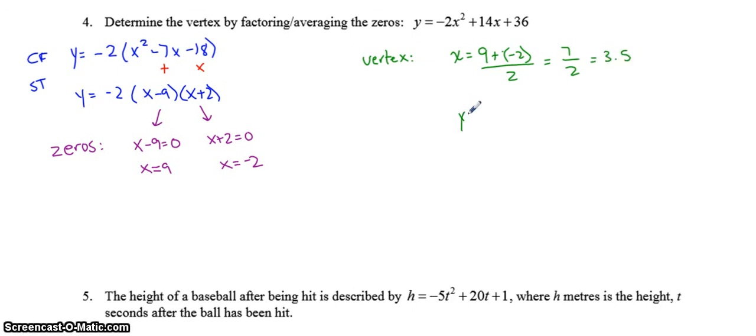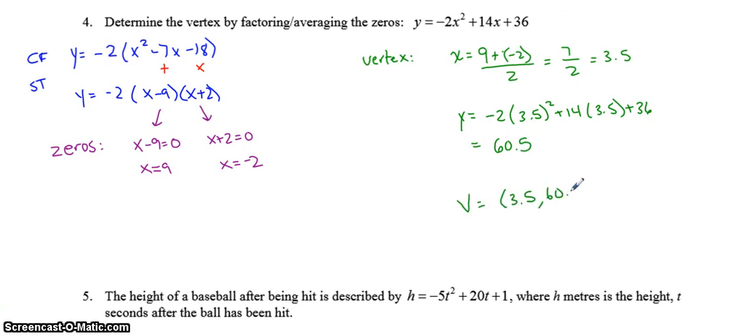And to find the y-coordinate of the vertex, you're going to take the x-coordinate of the vertex and substitute it into the equation. And you get 60.5. So that means your vertex is at (3.5, 60.5).